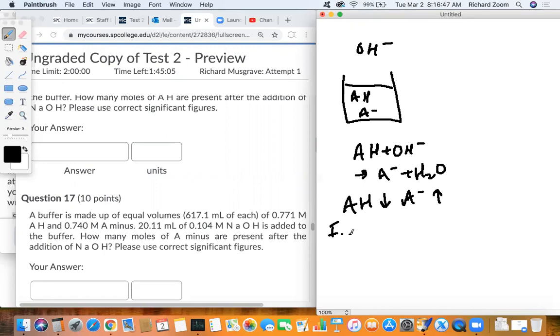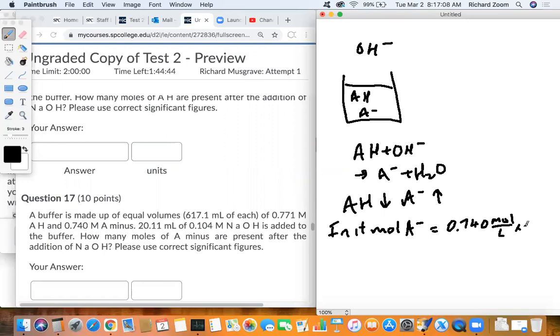Now the initial A minus here is going to be, 0.6171 is going to be the volume. So let's see, was it 0.740 moles per liter?